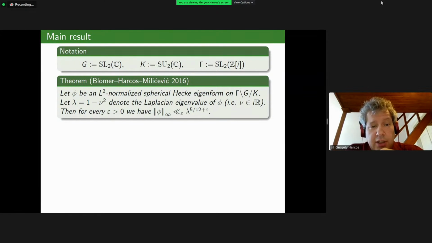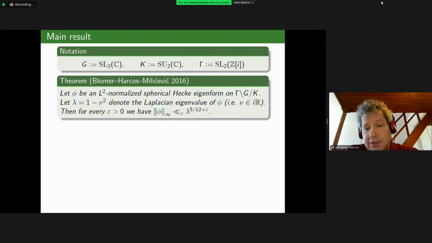So take an L2 normalized spherical Hecke eigenform on Gamma left divided by G and right divided by K. Now G divided by K on the right is isomorphic to hyperbolic 3-space. So in effect, we are looking at, in this theorem, Hecke eigenforms on hyperbolic 3-space.